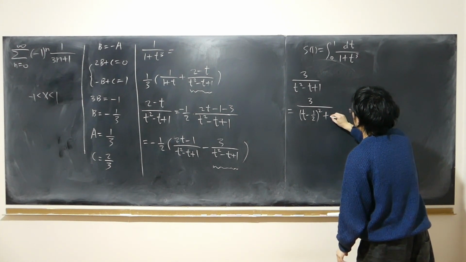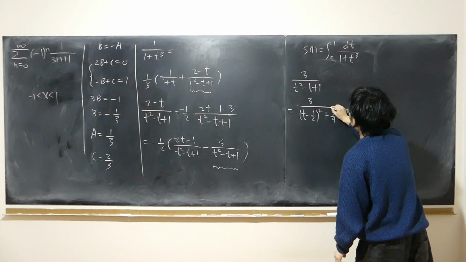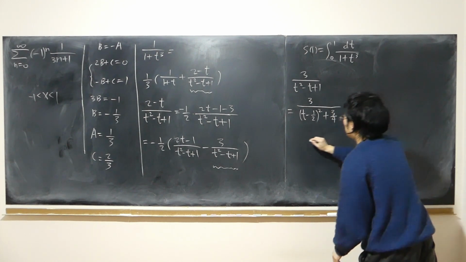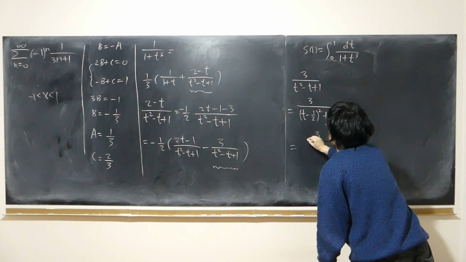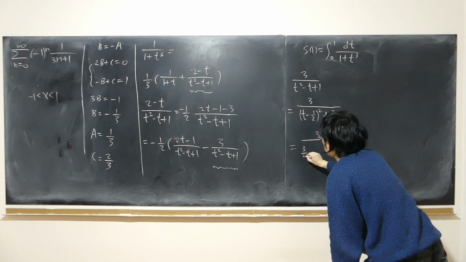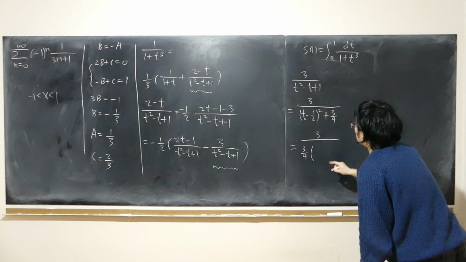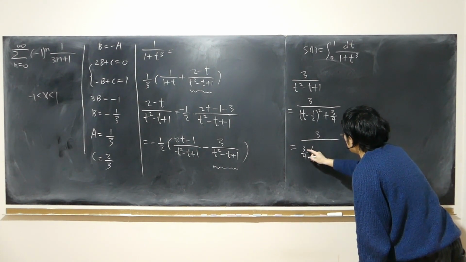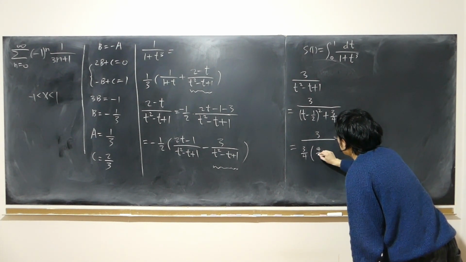So plus 3 over 4. Right? So then I'm going to factor out the 3 over 4. Then in front of that, I have to multiply its reciprocal, 4 over 3.